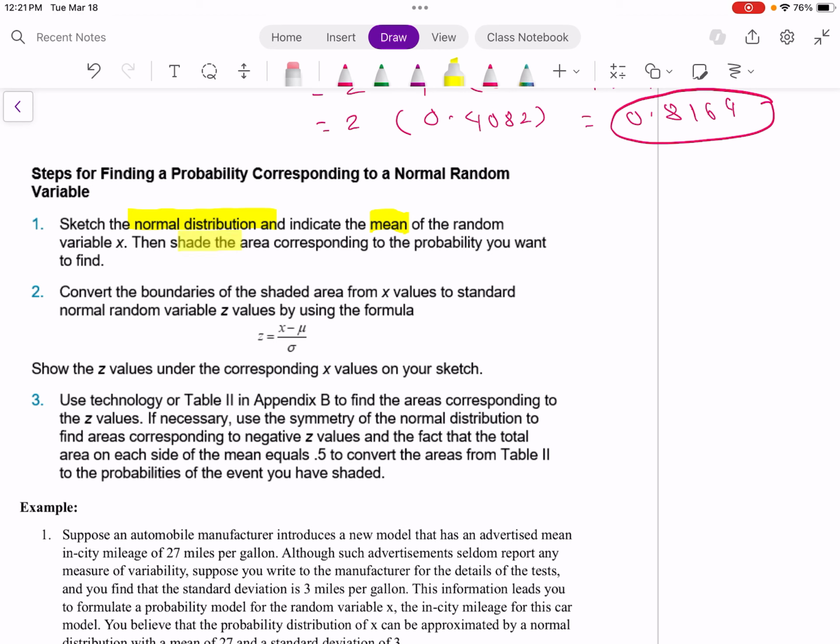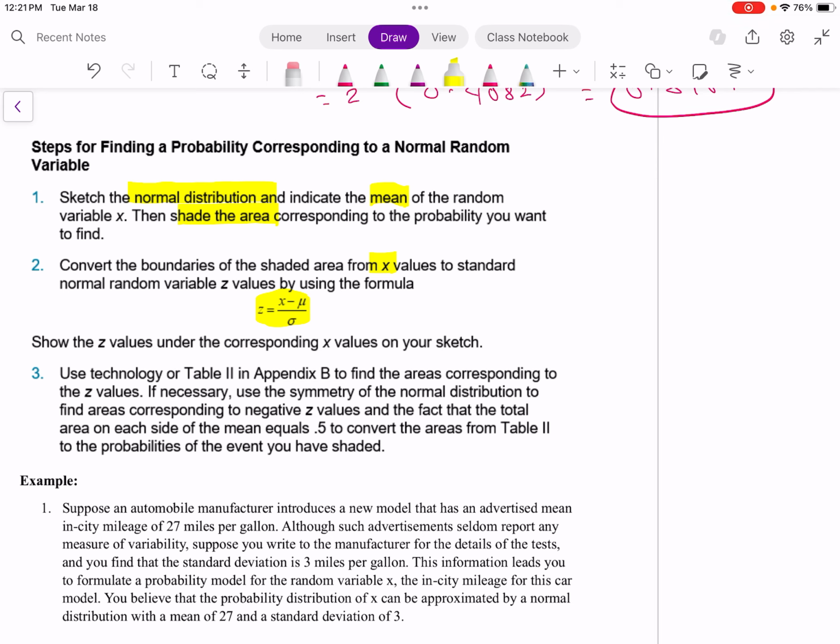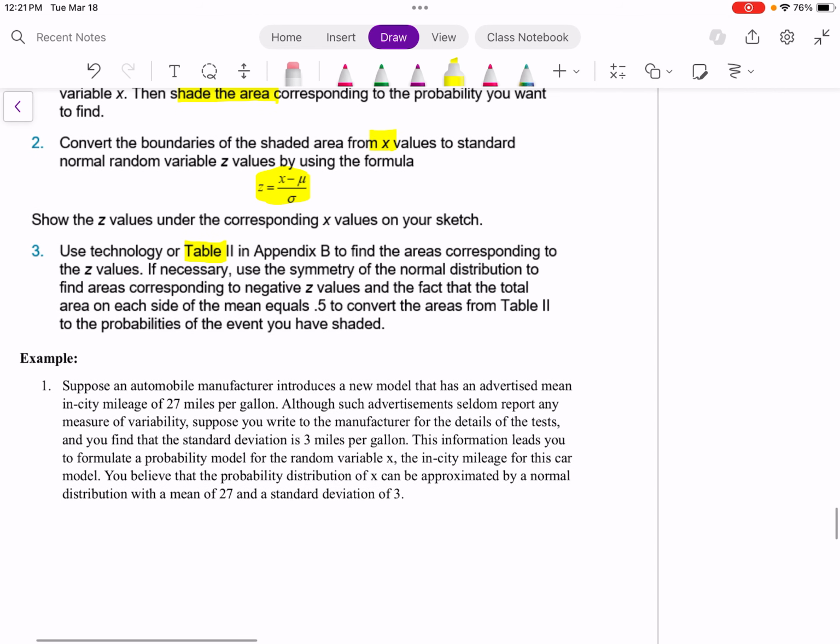Then you set the area corresponding to the probability you want to find. Then we convert our x values into z values using this formula. Then we use our table 2, the normal table. So every time you have a normal distribution, you have to have a picture. Then you set the area, you convert x into z if you don't have z, and at the end we use the table.